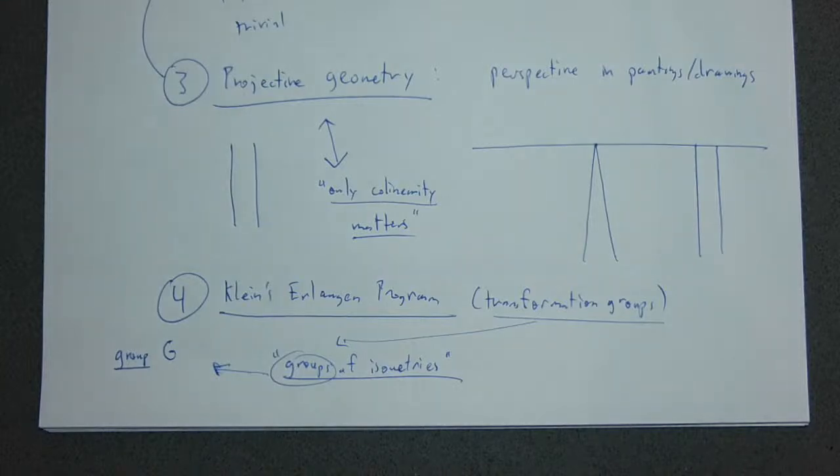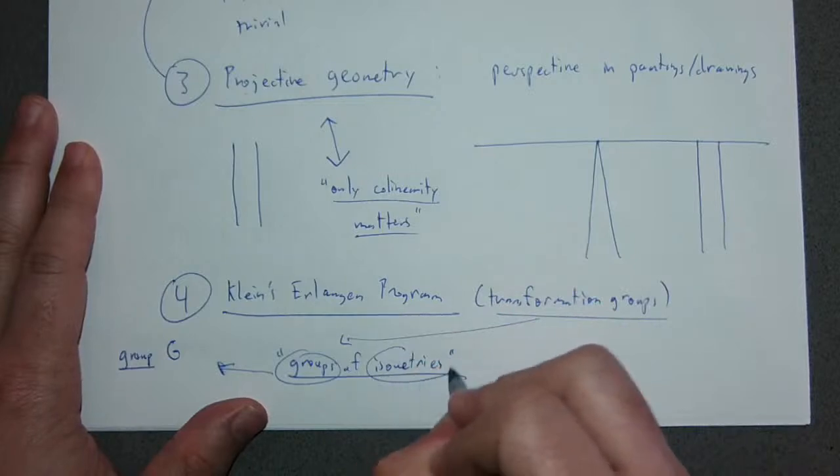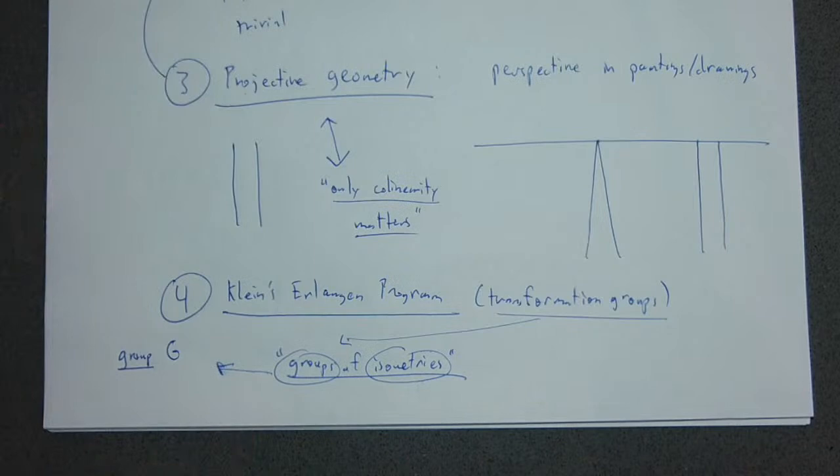Okay, so a group G is a set that has a binary operation that satisfies these 3 group axioms. Okay, so it turns out that when we're discussing these transformation groups, these groups of transformations or groups of isometries, as long as we're talking about isometries here, these are always going to form a group that we can talk about. And so what are the isometries?